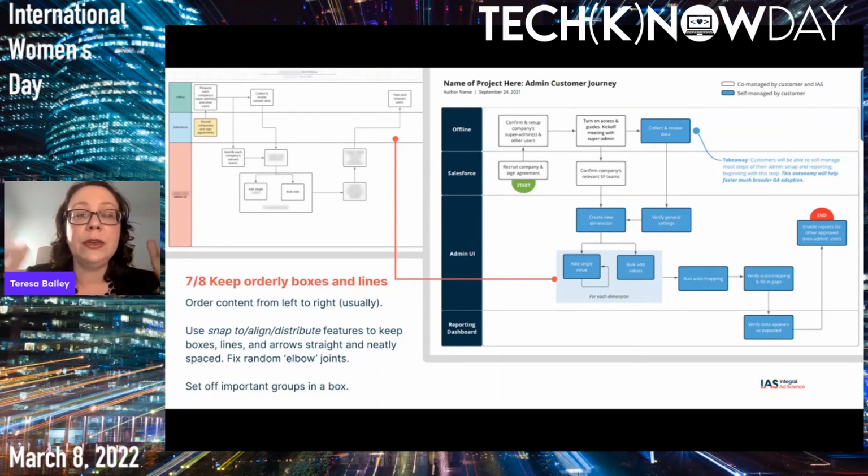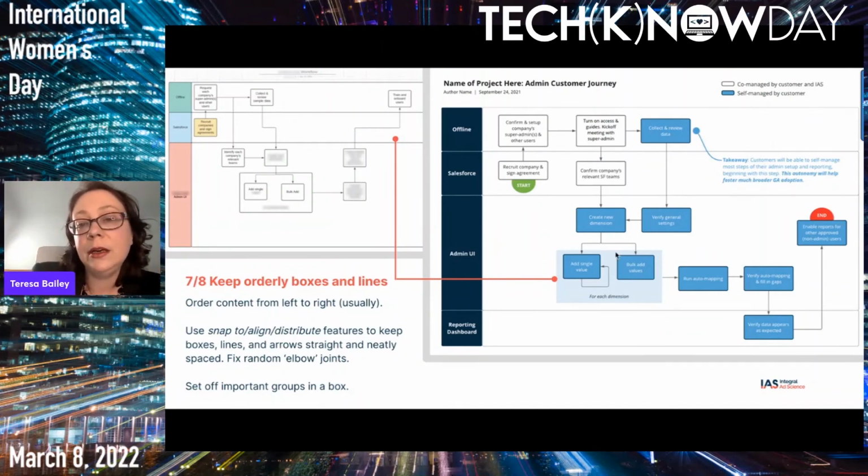And you don't need to notice that. You want things that aren't important to recede. So you would just grab this box and scoot it over to the right and grab this box here and scoot it over to the left so that those lines are straight and you're not noticing things you don't need to notice.